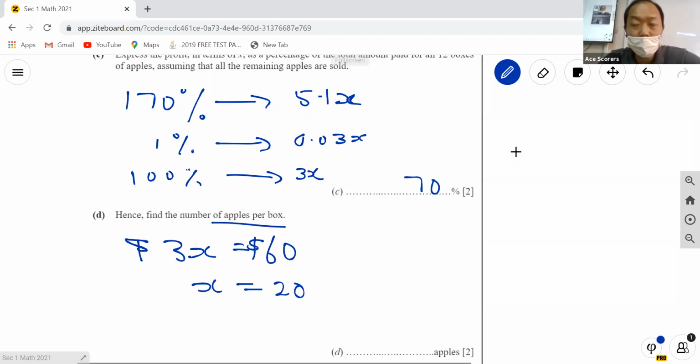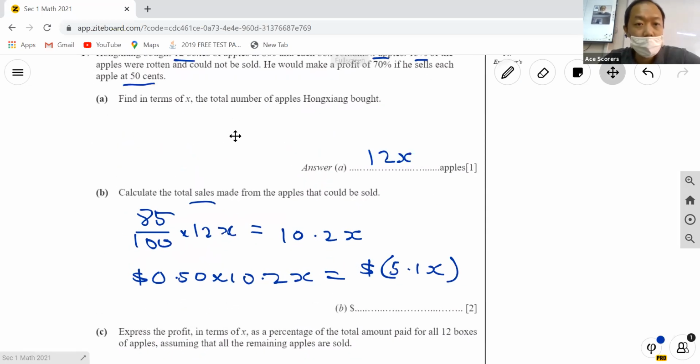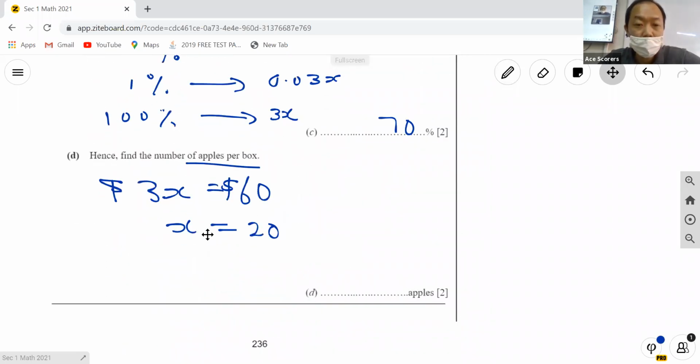The number of apples per box is stated over here: each box contains x apples. Since x equals 20, there are 20 apples per box. That's all. Just rearrange the thing.